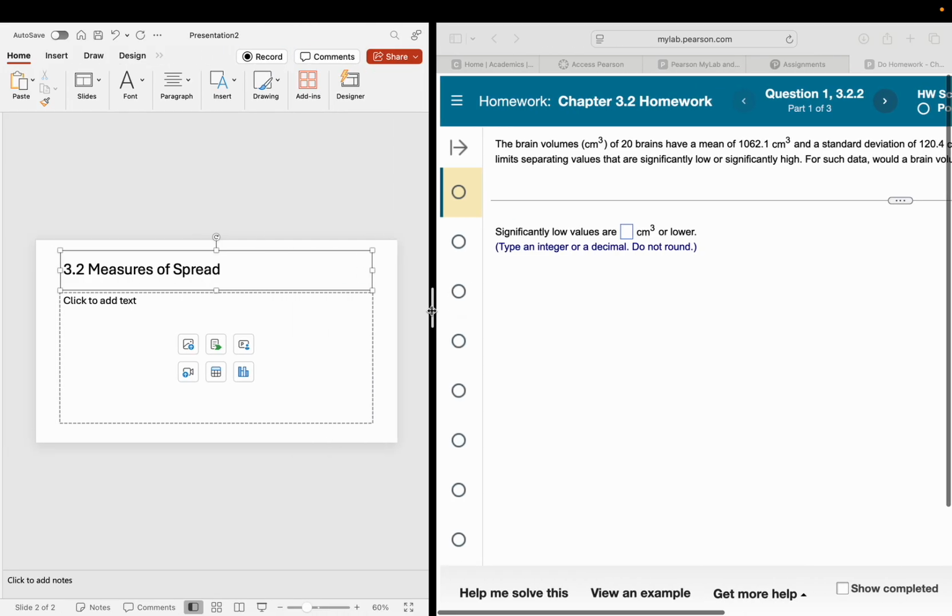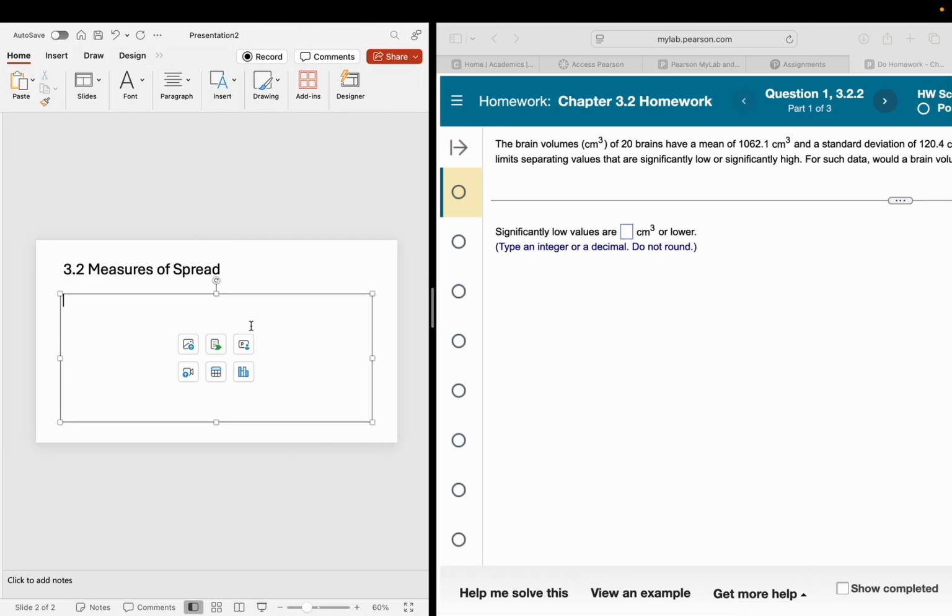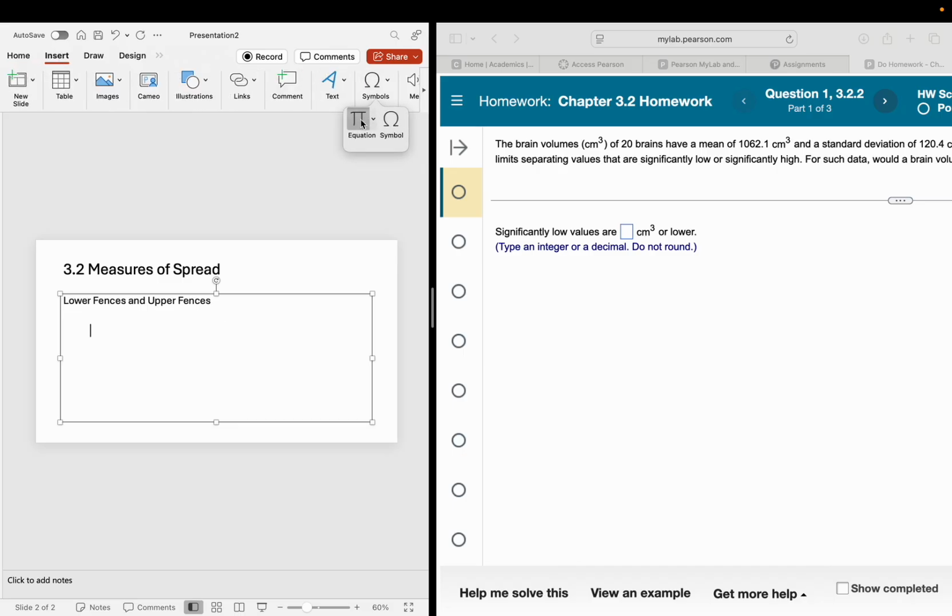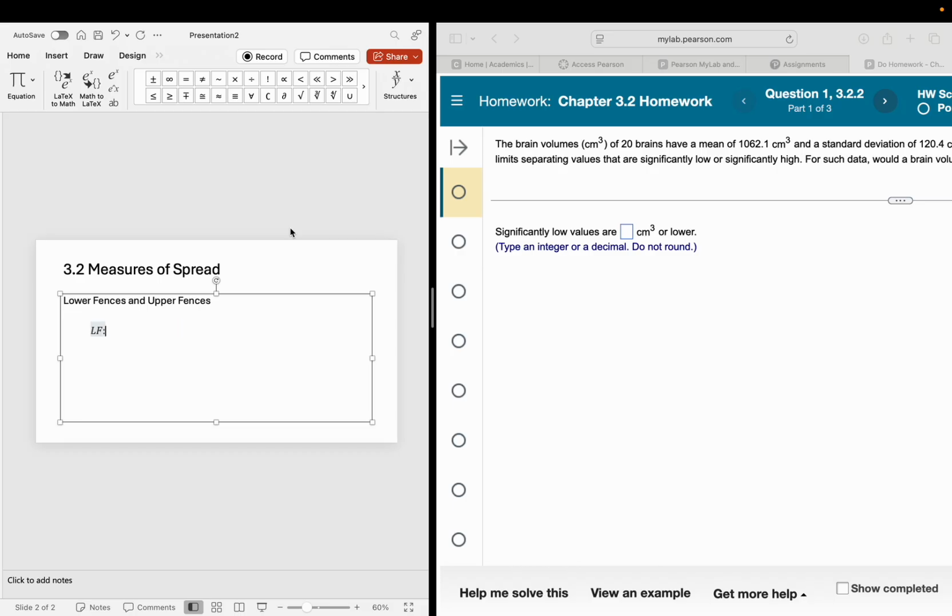And so, first thing is we're going to say, with data, we're going to say this. We're going to go back to lower fences and upper fences. And we're going to use some new mathematical symbolism here. And we're going to say my lower fence could be, watch this, my mean minus 2 standard deviations.